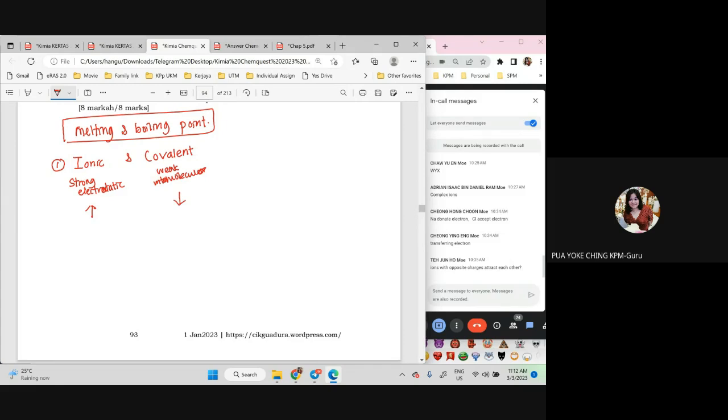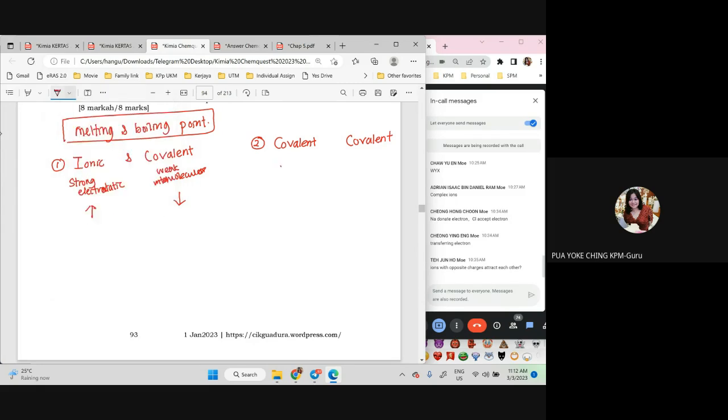Jenis pertama. Jenis kedua, this is covalent. This is also covalent. So, untuk jenis covalent dan covalent, ada dua kategori lagi.